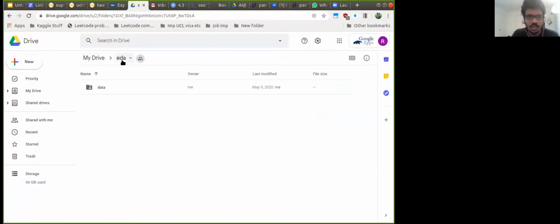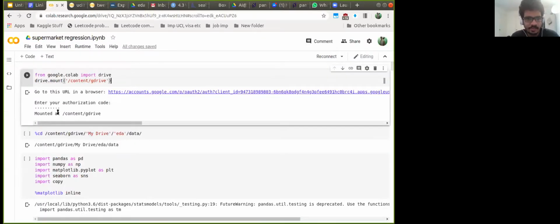So your My Drive should have an EDA folder like this. This will help us for the workshop part, for the practical notebook that we will be going through. Let me know if anyone is having any problem with this. Okay, I guess everybody has opened the links.